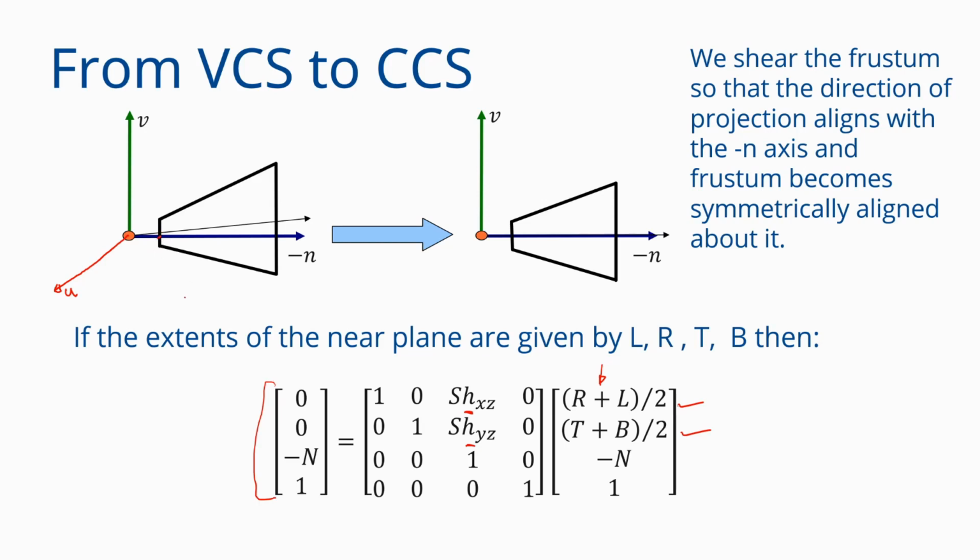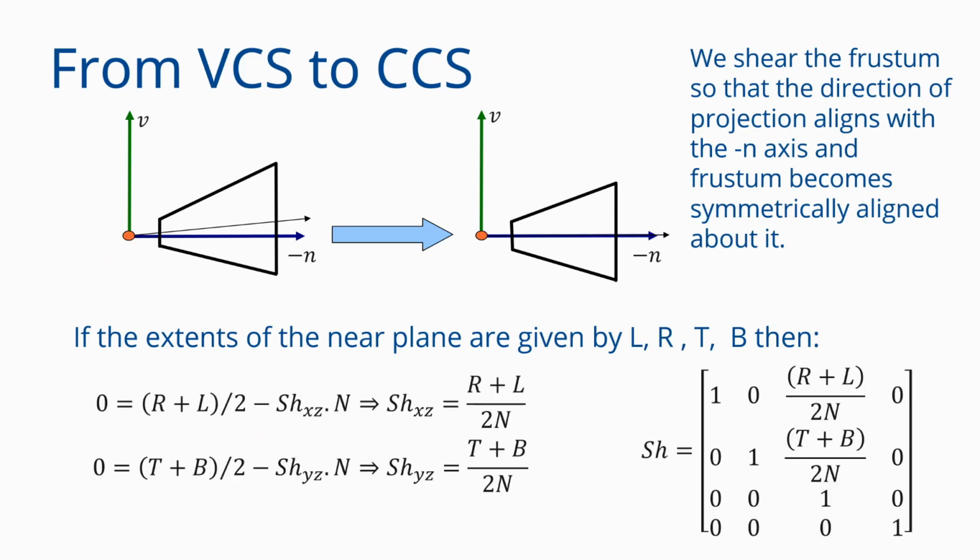Okay. So if it is going to do this kind of a transformation, then we can construct the shear transformation by inspection. Okay. And what do I mean by inspection? Well, the shear is supposed to take these coordinates to those coordinates. So what are going to be the parameters of the shear transformation? That is what I mean.